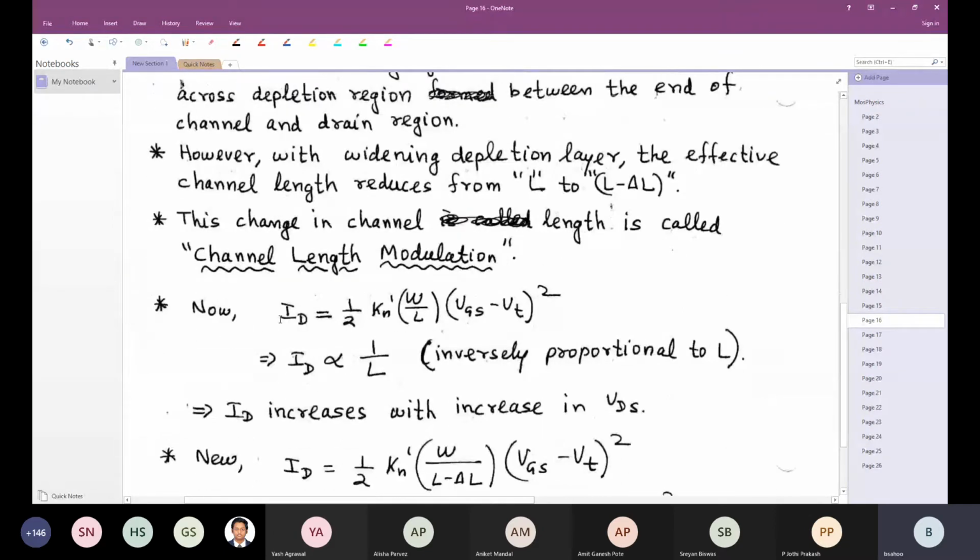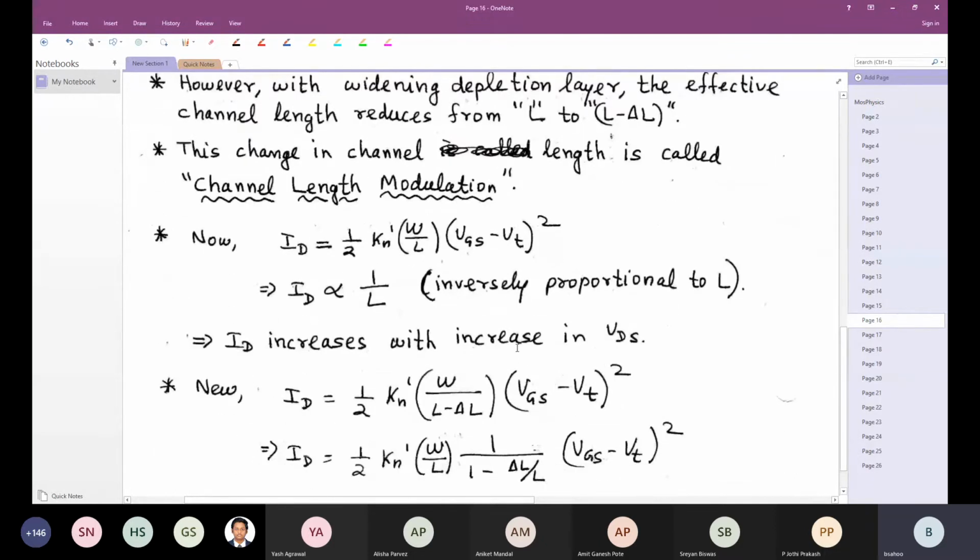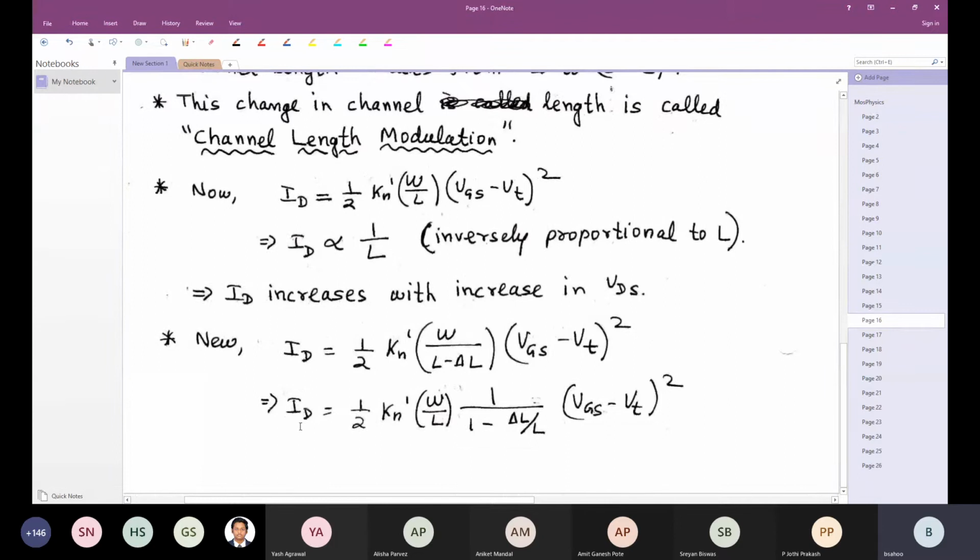Now we know that ID is given by this. ID is inversely proportional to the channel length, so ID increases with increase in VDS because this thing comes in the denominator. So I can rewrite this drain current by taking L common out of here, and we have 1 minus delta L by L. Up to this point it's clear, everybody?